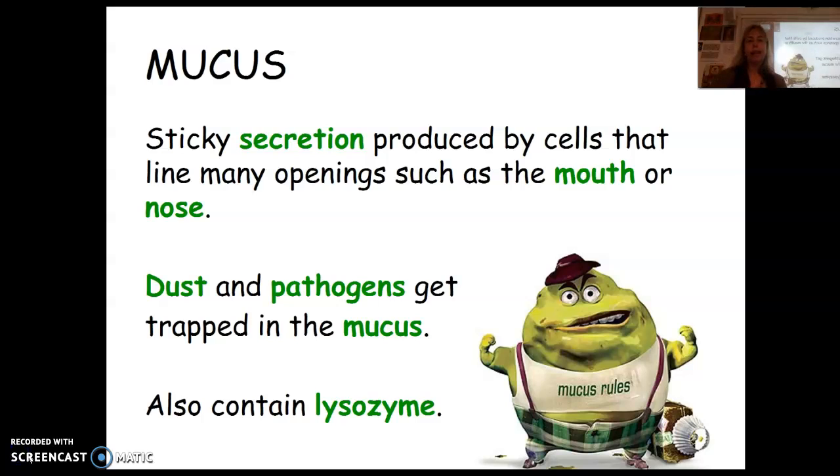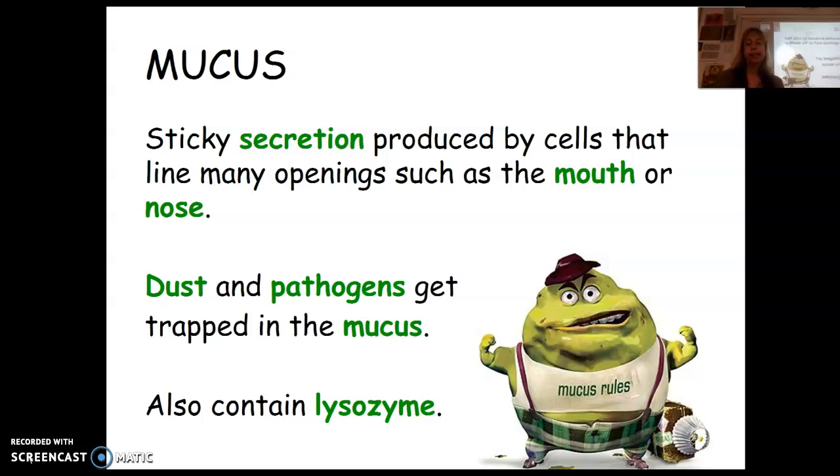Okay, so year 10s. In our respiratory system, there are special cells called goblet cells that secrete mucus. And mucus is there as part of the protection for our body. It's a sticky secretion. And what it does is it traps any dust or pathogens that move into our respiratory system.